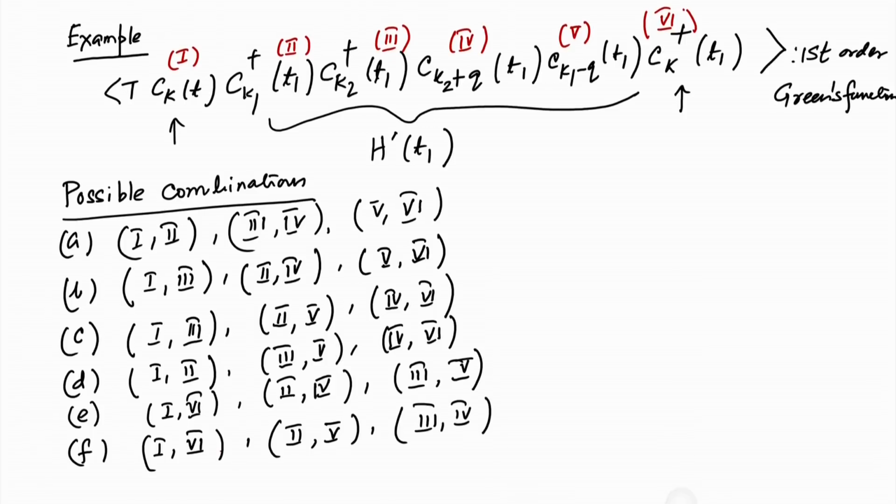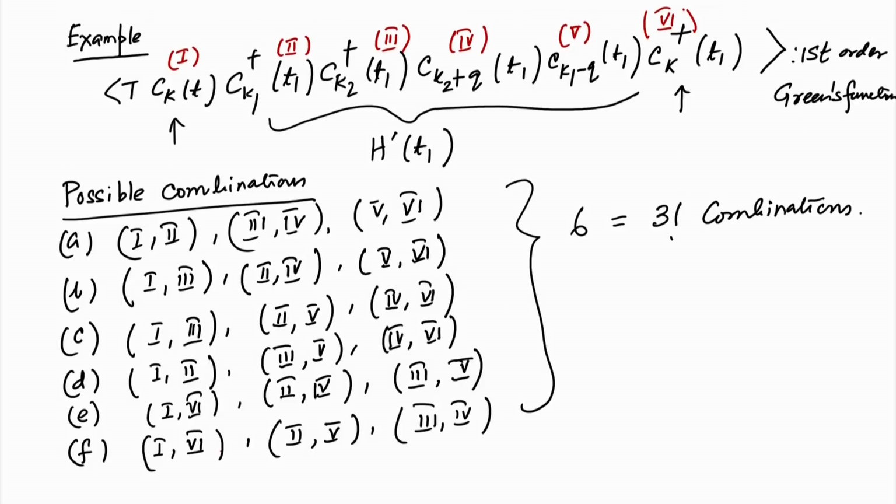Okay. So, these are the 6 combinations, and the 6 combinations are coming because we have 3 creation operators and 3 annihilation operators. So, there are 3 factorial combinations possible. So, all these 6 combinations for just the first order Green's function have to be evaluated.